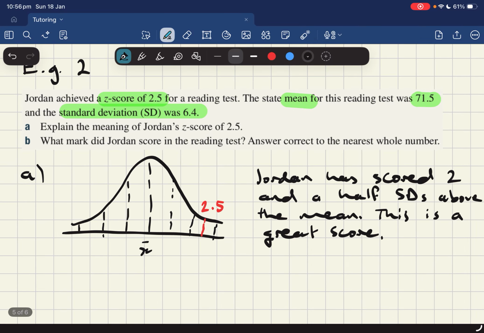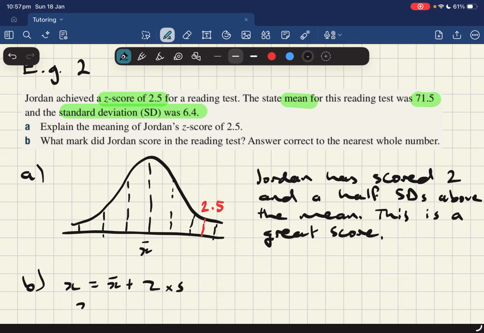So part B is saying, what mark did Jordan score on the reading test, and answer correct to the nearest whole number. So we're just going to use our formula. So x equals the mean plus z times s.